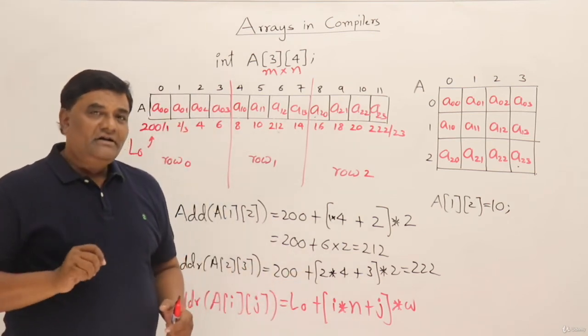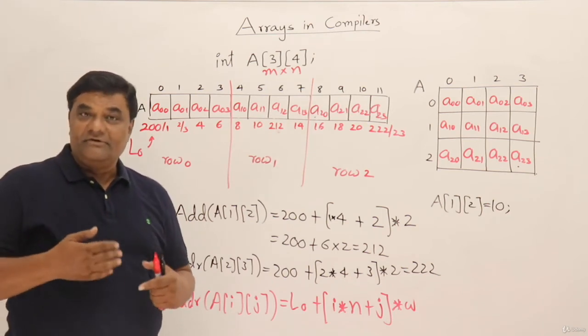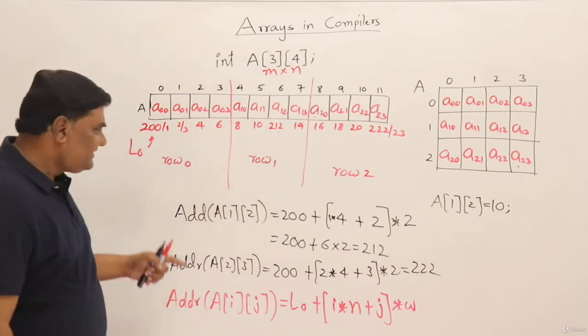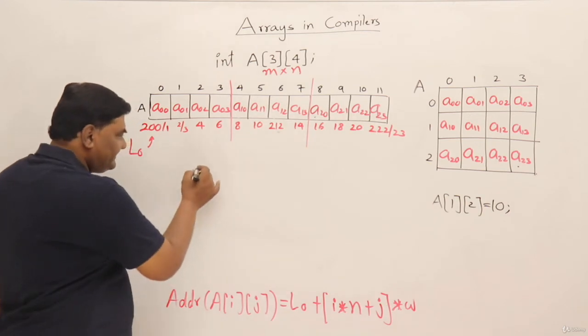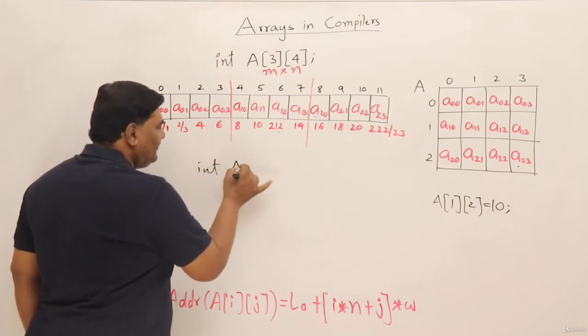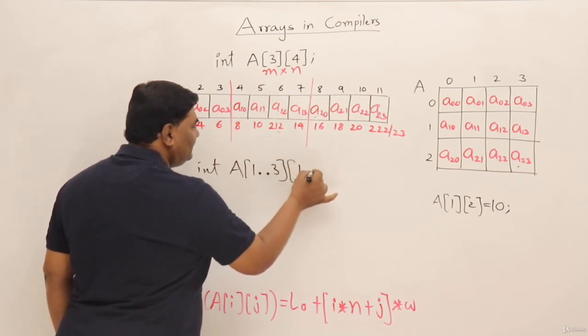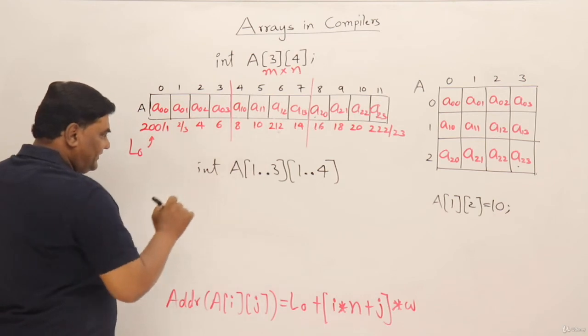Now one more thing. If a language is allowing indices starting from 1 onwards, then how does the formula look? I'll just remove this and show you here. If a language is allowing indices from A[1 to 3][1 to 4], I will not work out everything, directly I will write the formula.